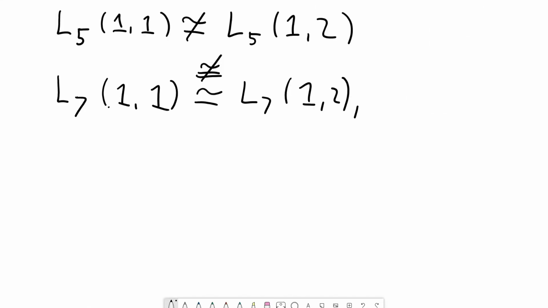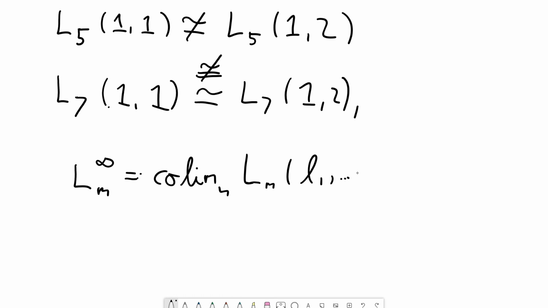I can also consider an infinite lens space, yeah? I mean, we just saw that those lens spaces are contained one in the other, so I can just form an infinite lens space as the colimit of all those, along all those inclusions. Yeah, so and then by construction, sort of by definition, this defines a CW complex again, which is now infinite, because it carries the colimit topology.